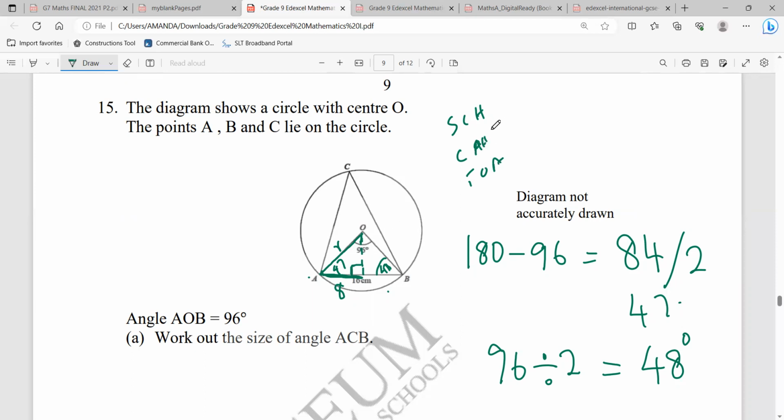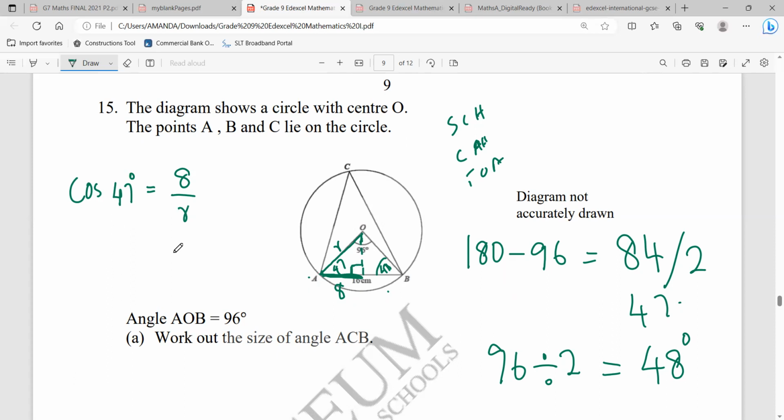Cos, right? Cos 47 is what we need. The cos 47 ratio is adjacent side over hypotenuse. The adjacent side is this one, which is 8, half of 16, divided by the radius. We don't know the radius.